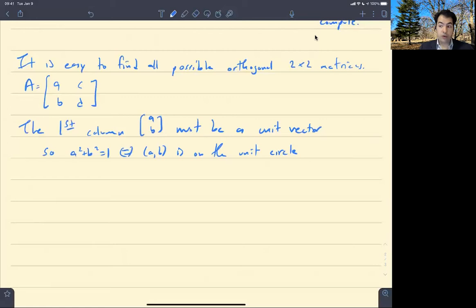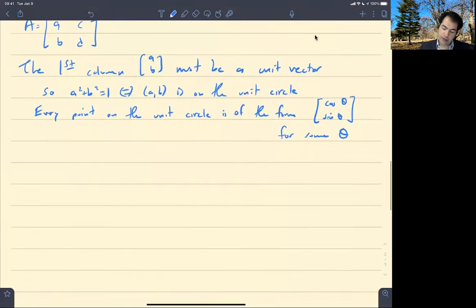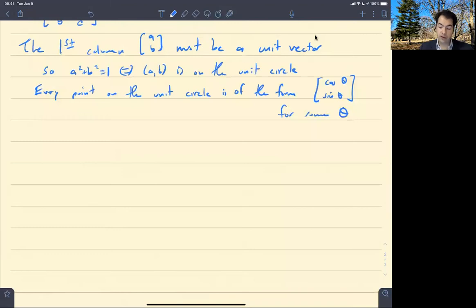Now, every point on the unit circle corresponds to some angle theta. So we have cosine theta, sine theta for some angle theta. Okay, so we've found the first column, cosine theta, sine theta.